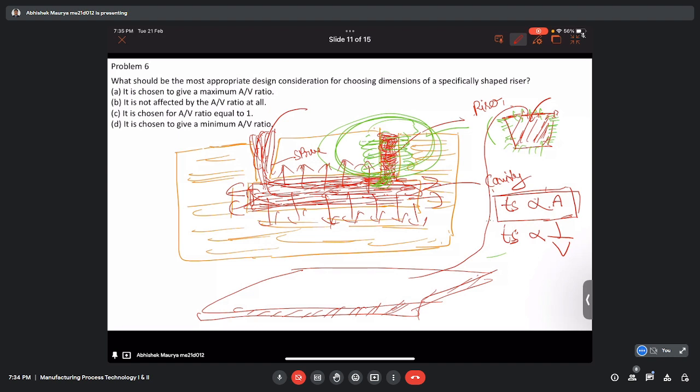So this is the kind of relationship we can think of: if the area is greater, solidification is faster; if the volume of material is greater, solidification will be slower.